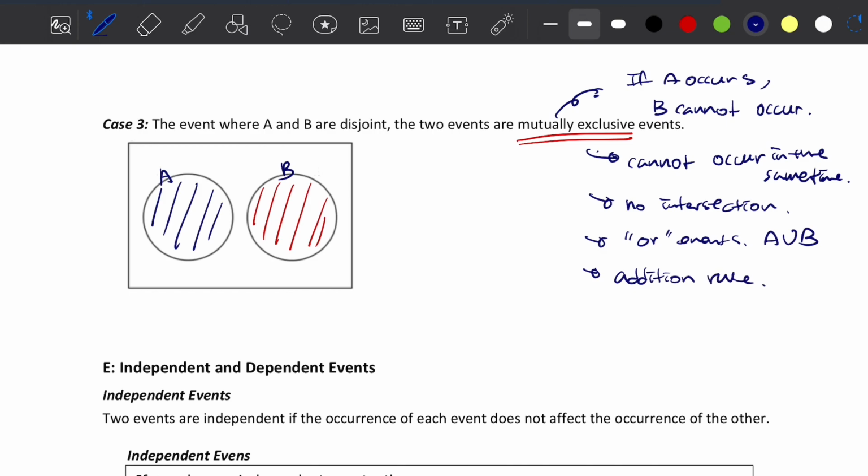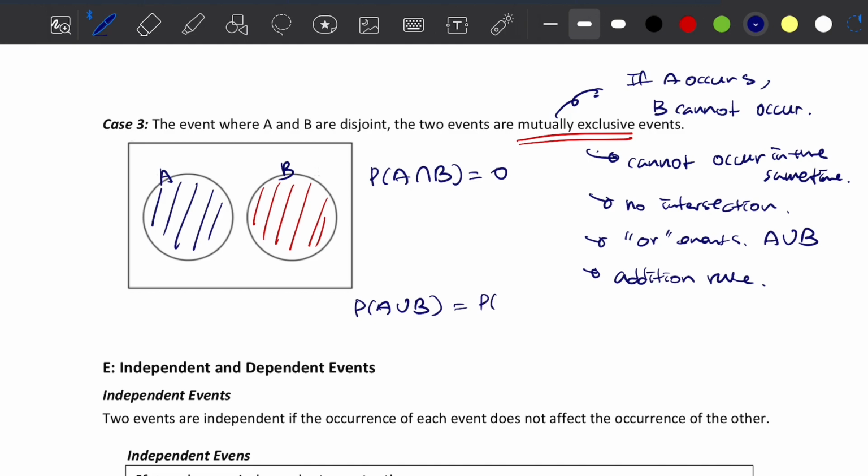Since they have no intersection, we know that P of A intersection B is 0, right? However, they're using the addition rule, or A union B, so we can still use the P of A union B formula to calculate the mutually exclusive cases.